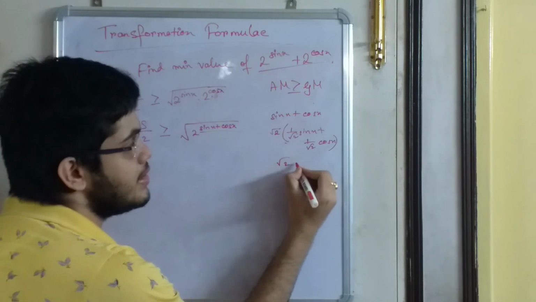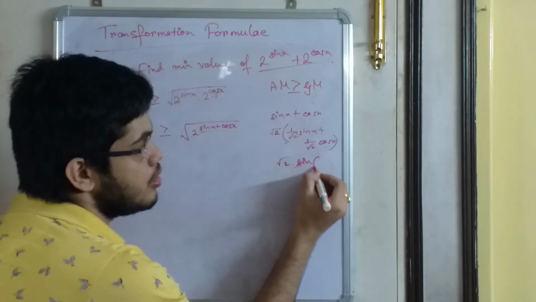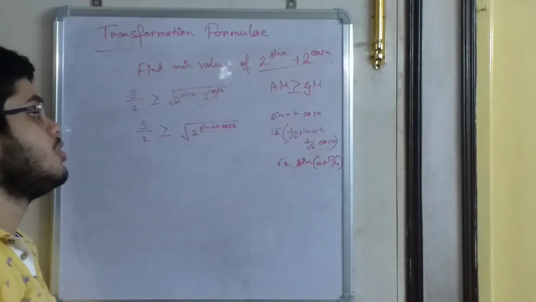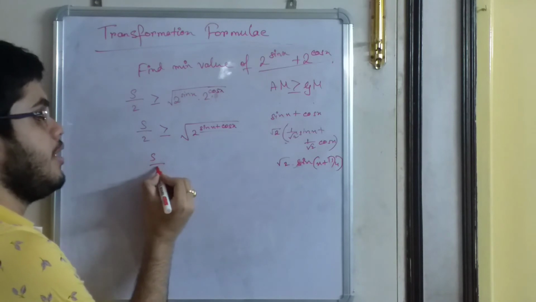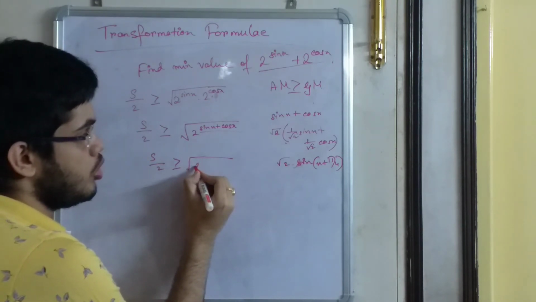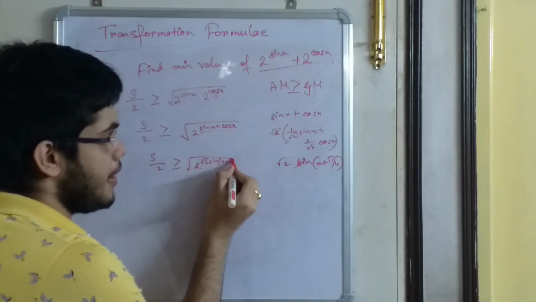So we can easily write this as root 2 sin of (x plus pi by 4). Okay, so S by 2 is greater than or equal to root over 2 to the power root 2 sin (x plus pi by 4).